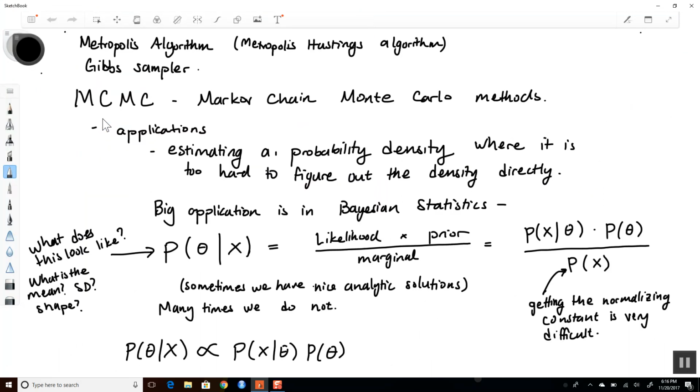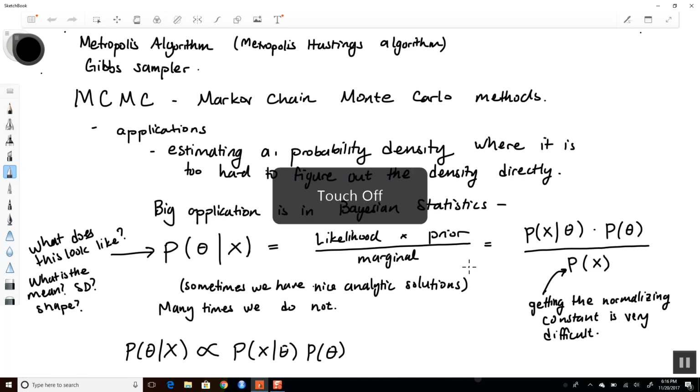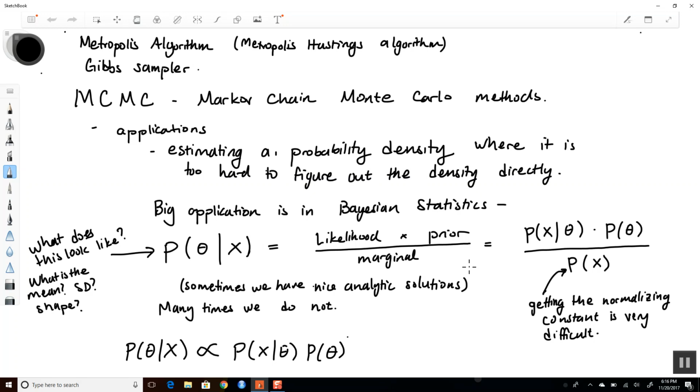Okay, and we can generate a sample using one of these methods. Okay, so we can generate a sample with MCMC.